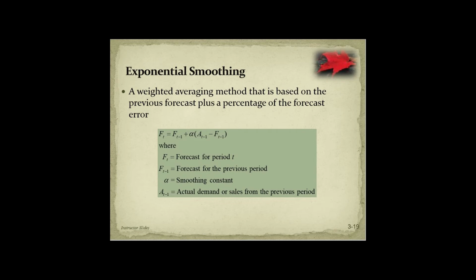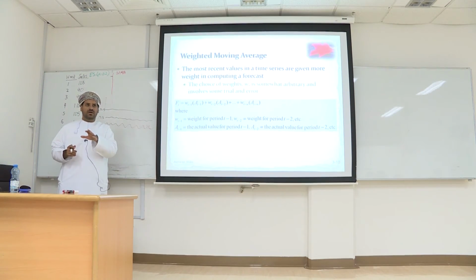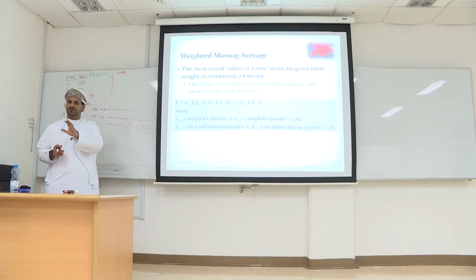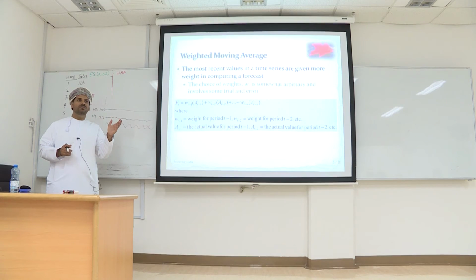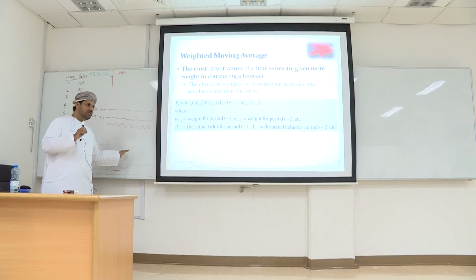What's the difference between the weighted moving average and the moving average? In the weighted moving average, because you are given the selection of the weights, if you think there is more value in the most recent period, the period that is very close to your forecast, if you think that most of the knowledge that you need about future demand is available in your most recent period, let's say you want to make a forecast for period 5, and you believe that period 4 will be very similar to period 5, then you could either go maybe for naive, which will give you a very similar result, or if you want to use weighted moving average, you could give the highest weight, like 0.9, to the most recent period, and very small weights, 0.05 and 0.05, to the other previous periods.